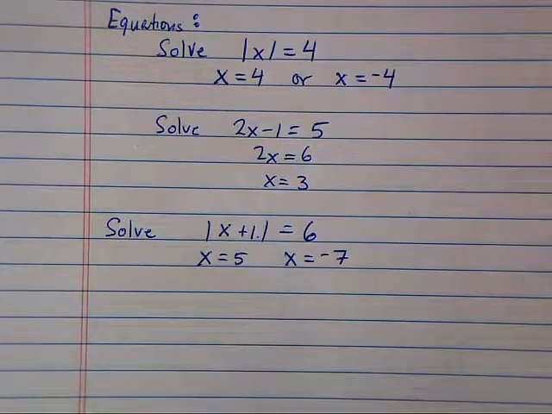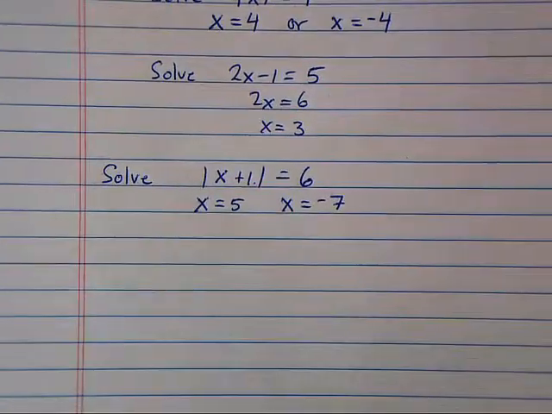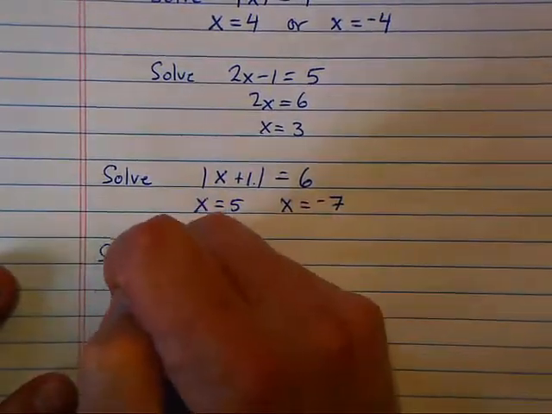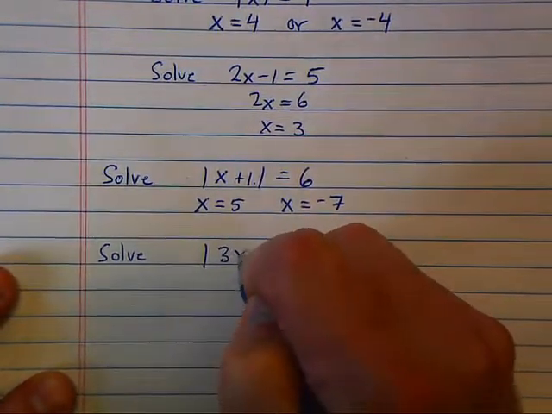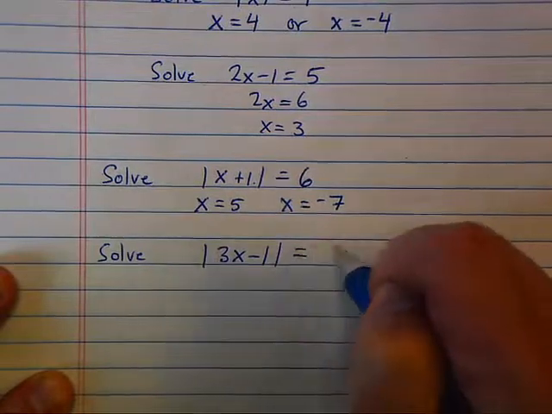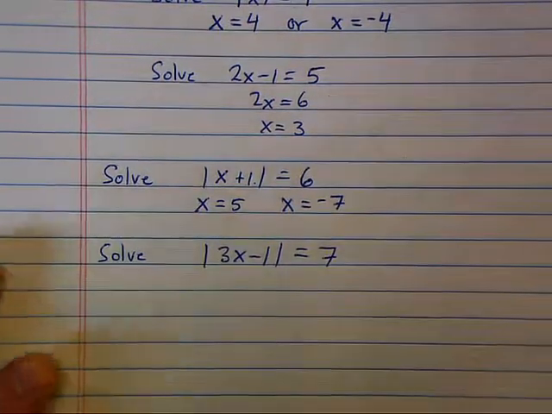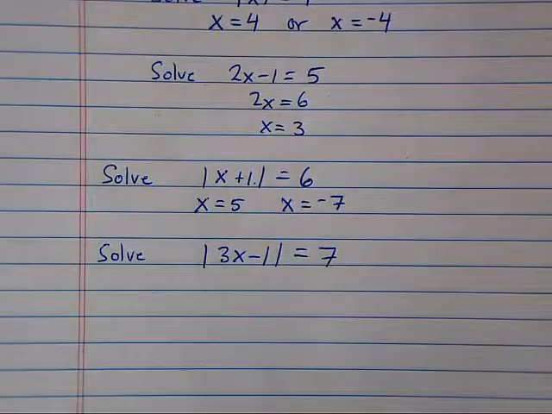All right, so how do we do this if it gets more complicated? What if I asked you to solve absolute value of 3x minus 1 equals 7? That's one that you probably can't do in your head. Well, maybe you can. Can anybody tell me an answer? 4?